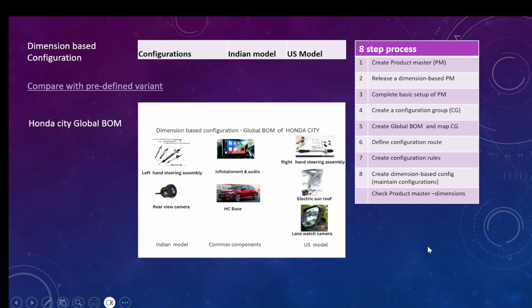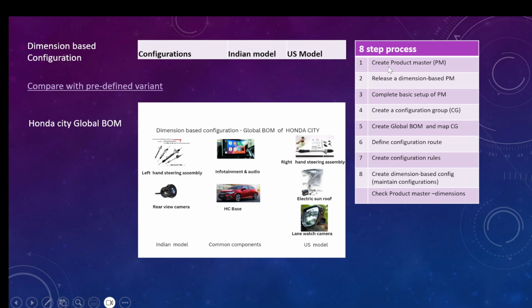Okay. Now, having discussed that, this is what I'm going to create in my F&O session. So there are 8 steps to be configured before I can start using a product master using dimension-based configuration technology.